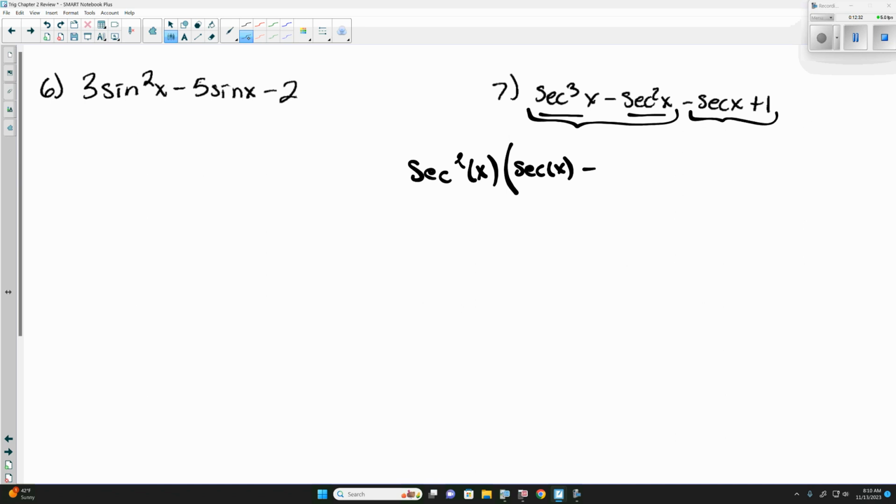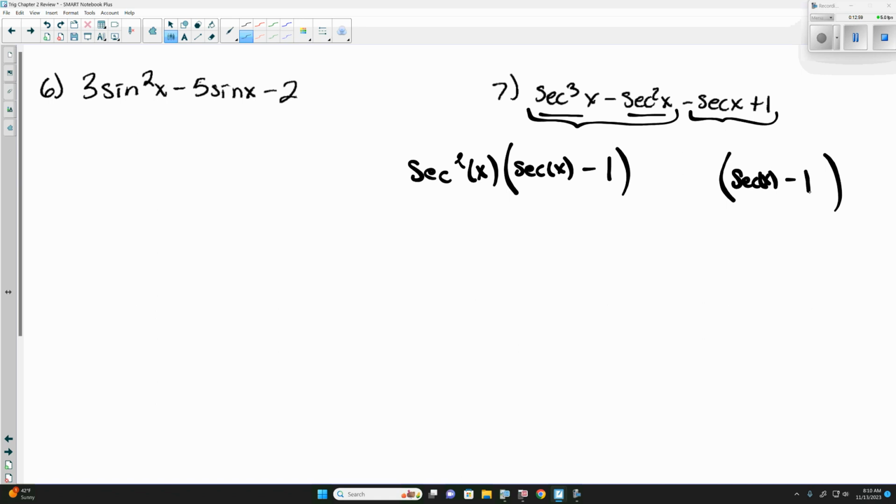Now secant squared out of secant squared would be 1. So we can factor a secant squared out of both of those, giving us secant minus 1. Now for factoring by grouping to work, we need what's in this other set of parentheses to also be secant of x minus 1. Because if they're both the same, then we can factor it out and it'll be completely factored.